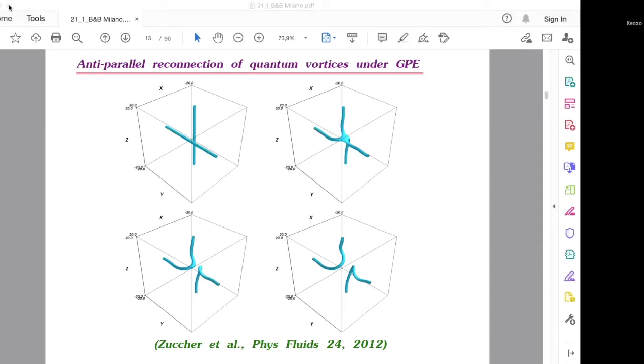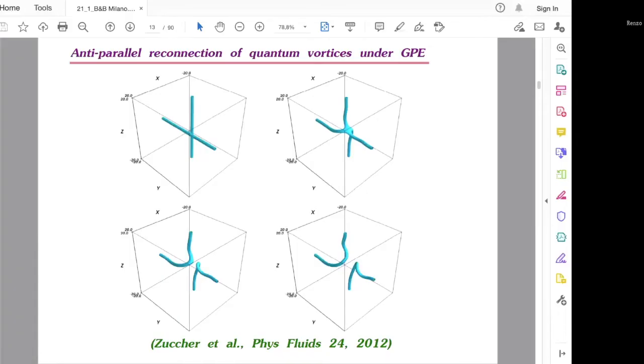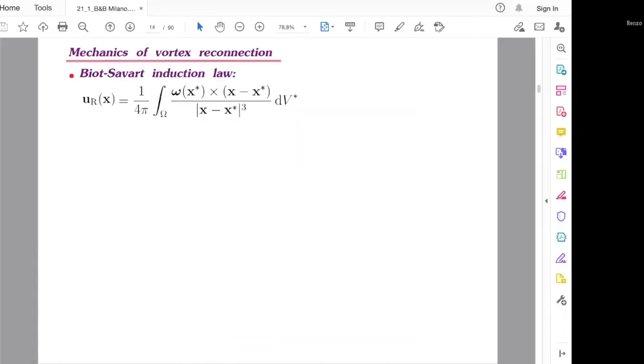This is actually something that has been noted since the 80s, and it is reassuring that the same thing happens for GPE.